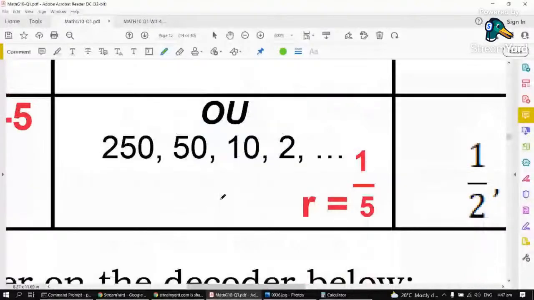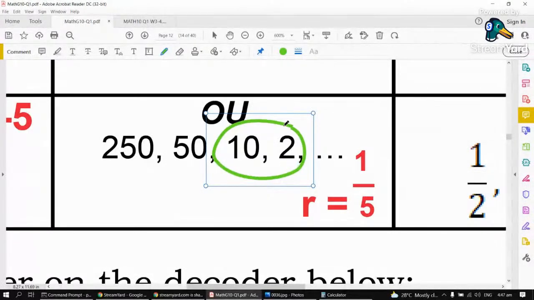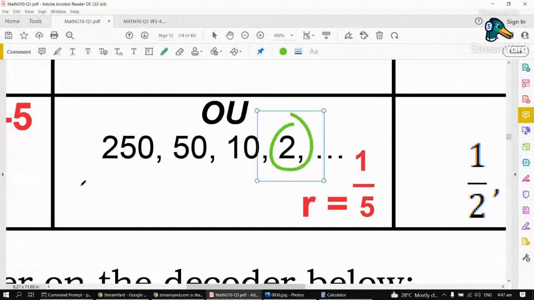Box OU, ang common ratio natin is 1 over 5. Because, pag ganyan, mas maganda kung mag-umpisa na lang tayo dito sa bandang kanan para maliit yung number. So, kung saan yung maliit ang number, dun tayo para madaling mag-compute. So, yung nasa kanan na number is 2, yun yung nasa taas, and then yung nasa baba is 10.